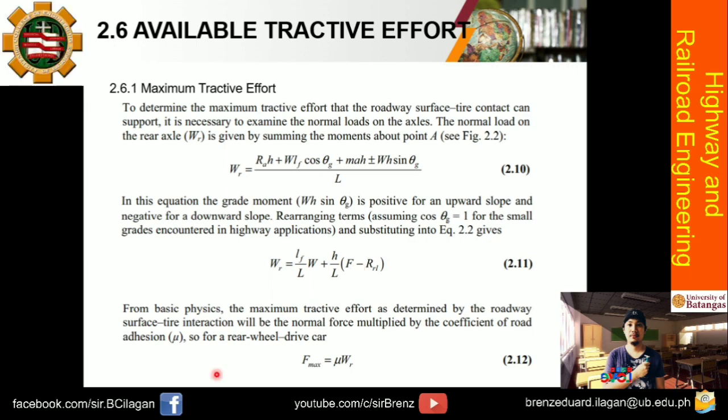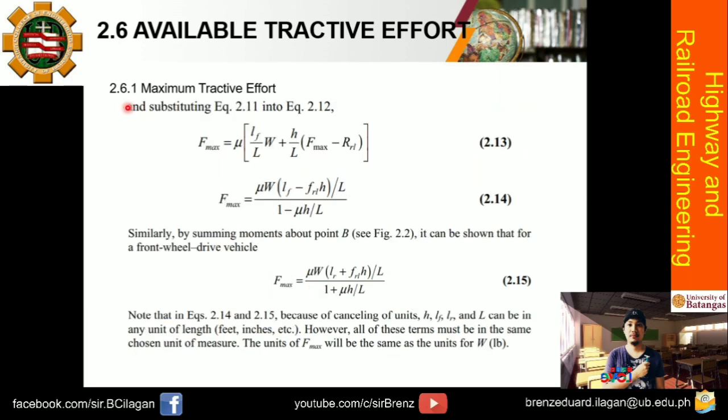So let's proceed with the next slide. So, additional formulas. This time for maximum tractive effort again, 2.6.1, and substituting equation 2.11 into equation 2.12. So we will arrive at this equation: F sub max is equal to mu, quantity of L sub F times W over L plus H over L times F sub max minus R sub R L. So, when you distribute that, this will be your equation.